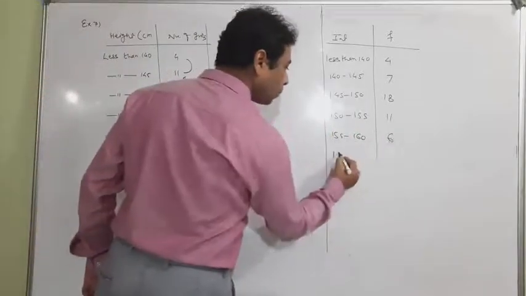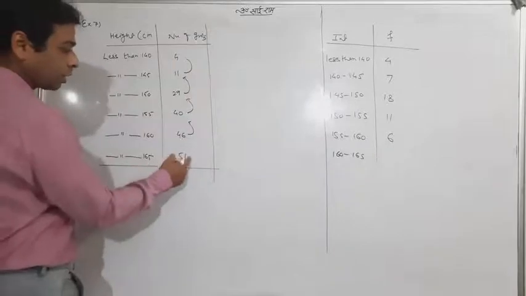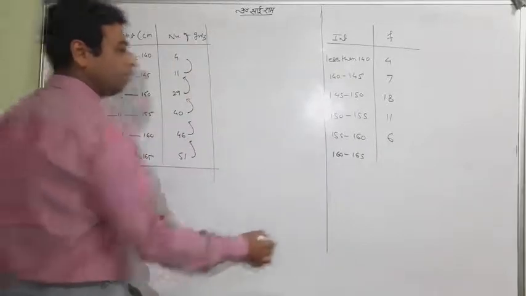And lastly, 160 to 165, after subtraction, I'll have 5.